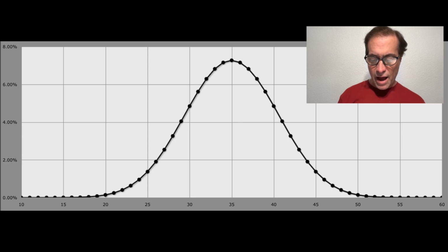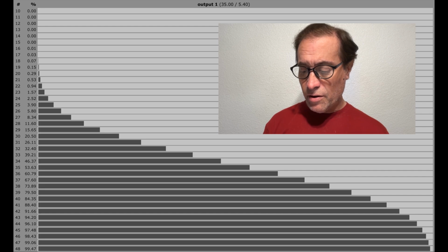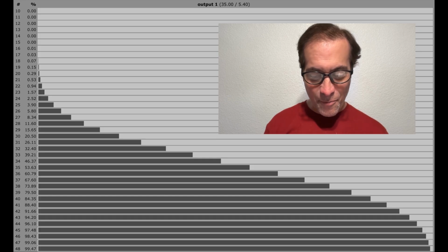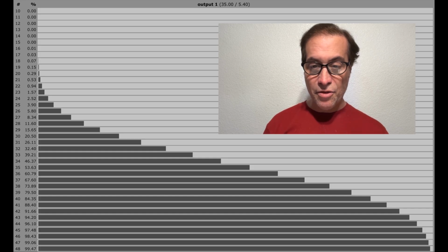Let's look at the at most chart. We can see that there's less than a 3% chance of rolling below 25. Okay, and there's only about a 16% chance of getting less than 30. Wow.